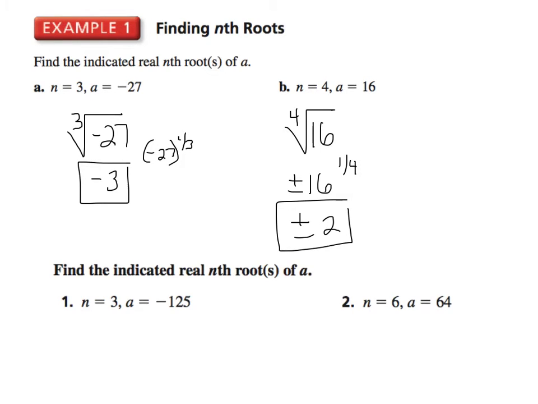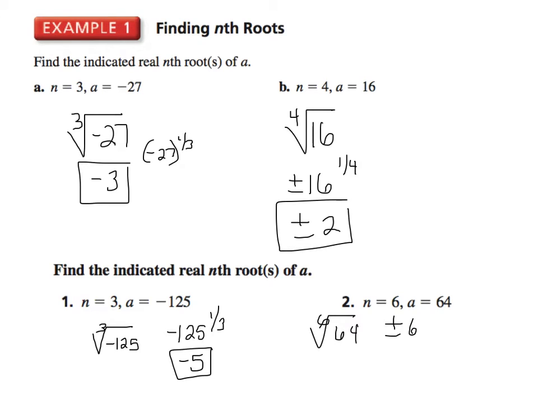If you want to try these out on your own, you may pause the video and try this out. 1 would be the 3rd root of negative 125, which would be negative 125 to the 1/3 power, which would give you negative 5 as your answer. Number 2, the 6th root of 64. That will give you plus or minus 64 to the 1/6 power, which would give you plus or minus 2. All right.